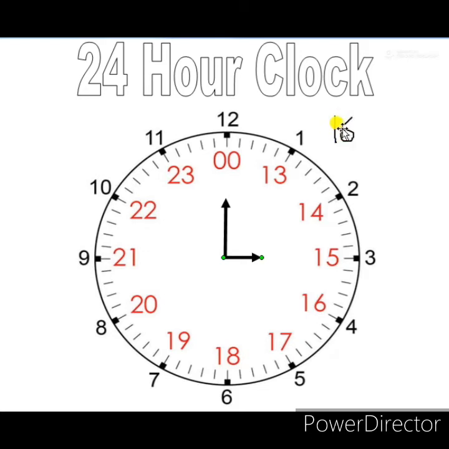So the time in the 12-hour clock is 4 p.m. This is the method to find the time on the 24-hour clock and the 12-hour clock. Now see what is given on this page.